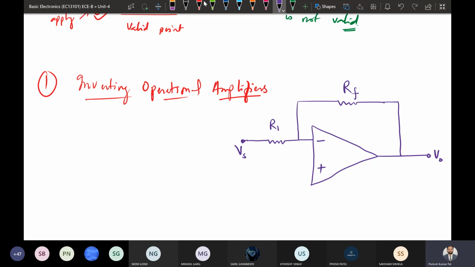The non-inverting terminal is connected to ground. If this is the circuit, now we need to analyze it.